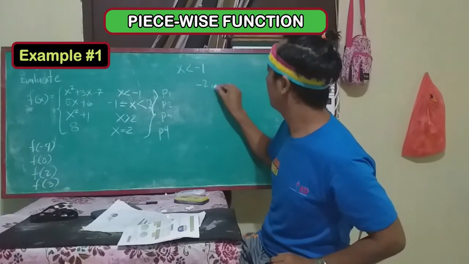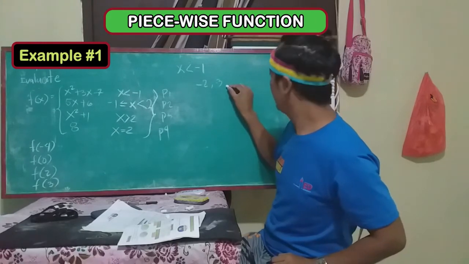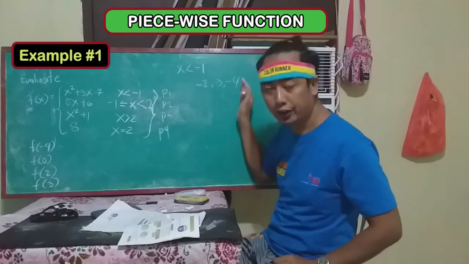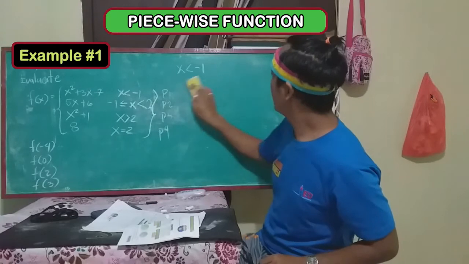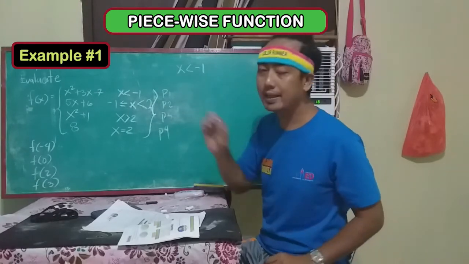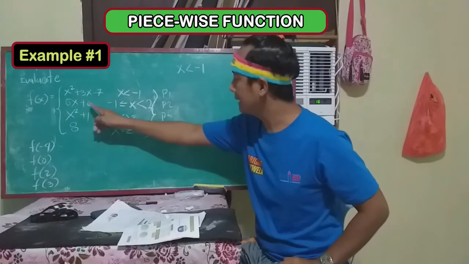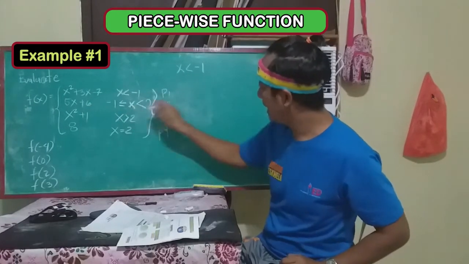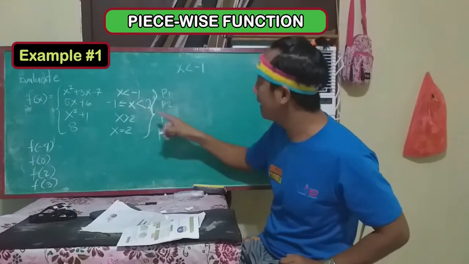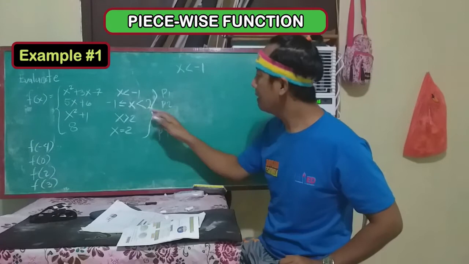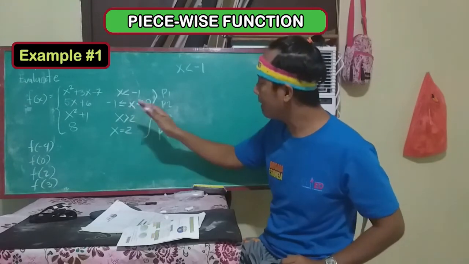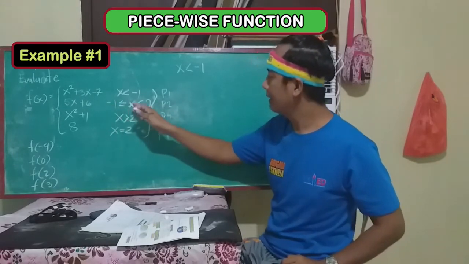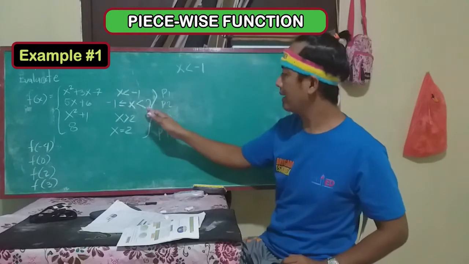Negative 2, negative 3, negative 4, and so forth. So yun siya. Sa part 2 naman, gagamitin natin ang 5x plus 6 kapag ang x ay greater or equal than negative 1 or less than 2.